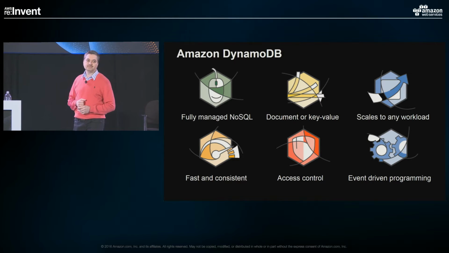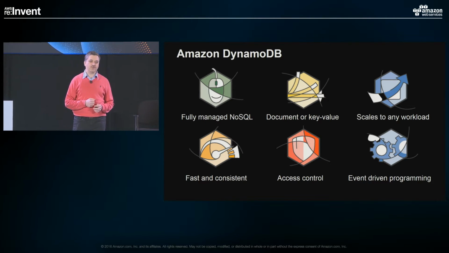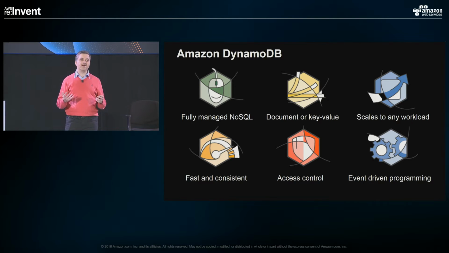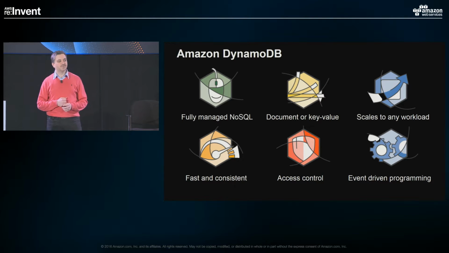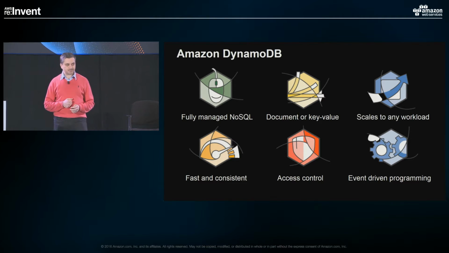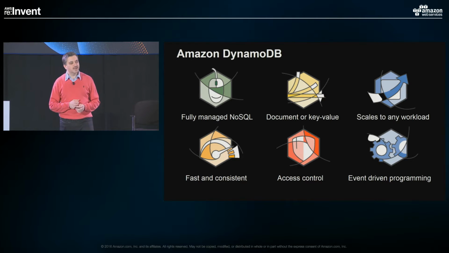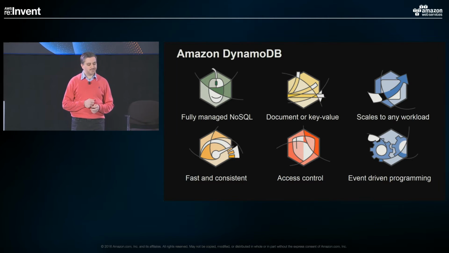With a few simple clicks or API calls, and by specifying the necessary read and write capacity units, you can easily get started in leveraging DynamoDB as a NoSQL solution for your application environments. DynamoDB is designed to scale to any workload and provides low single-digit millisecond latency for your application access.